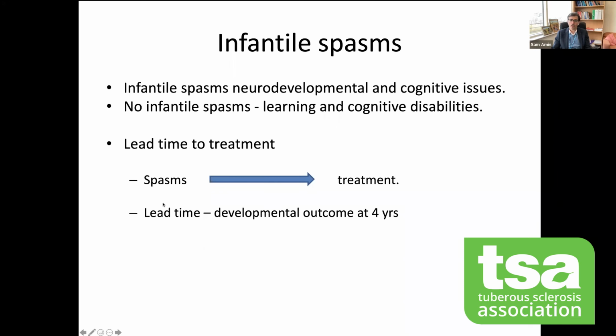And what we know is that the lead time is important. So lead time is the time between spasm and starting treatment. If this time is short, then you are likely to do well in the future neurocognitively. But if this time is long, then that can affect your cognition in the future. So if you have infantile spasm, then we should really be prompt and treat it aggressively.